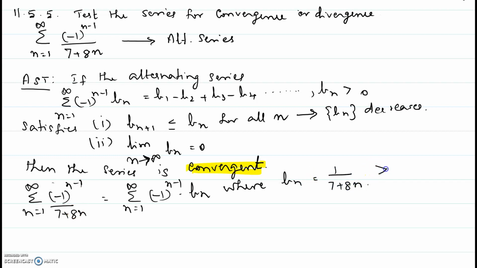Obviously, for all n more than or equal to 1, this is going to be positive. So the terms, without the sign, are all positive.